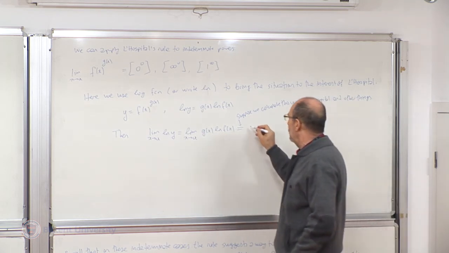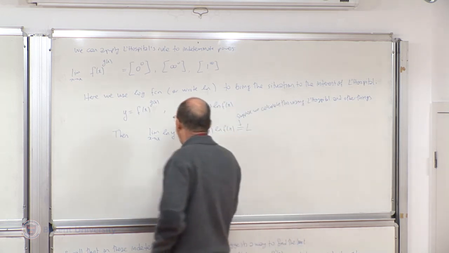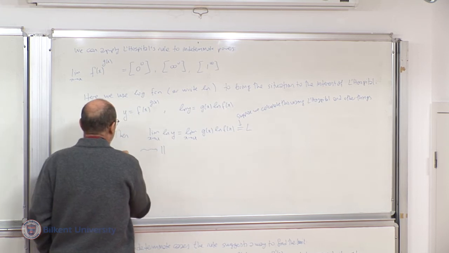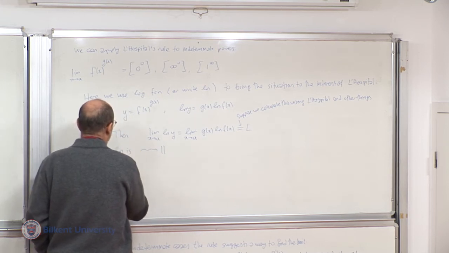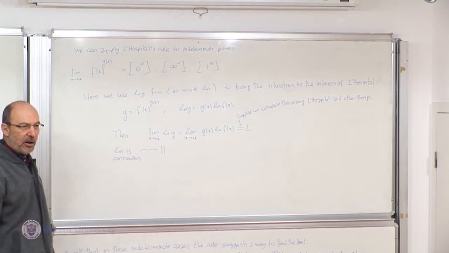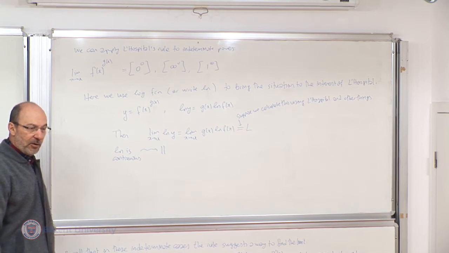Okay, so suppose this limit is L. Then here we observe the following, that ln is continuous. Of course, you don't need to write these things in detail when you are doing a calculation. I'm explaining why those things work.